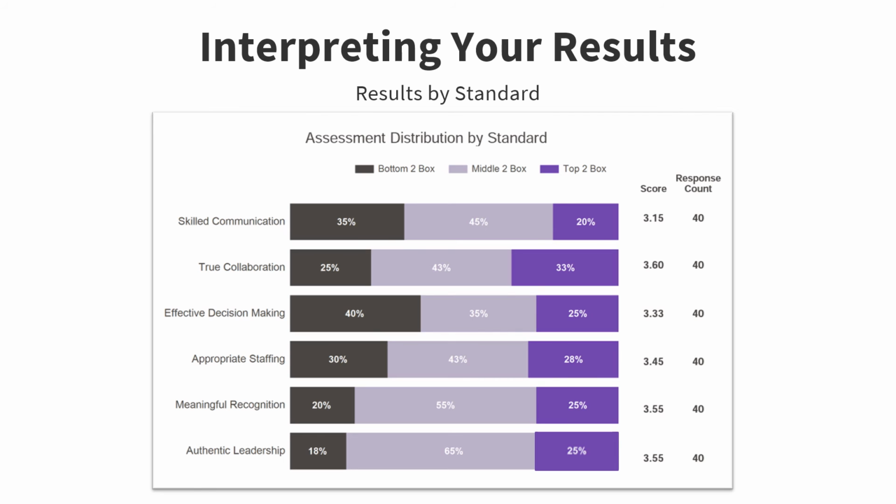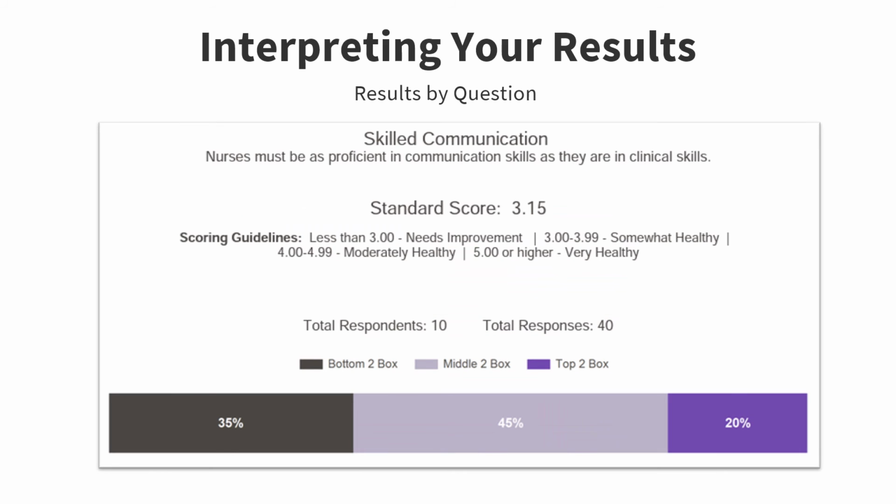From here, it's a really great idea to drill down further by reviewing the individual questions. So let's take a look at skilled communication because it does have the lowest aggregate score and it also has the lowest number of favorable responses as well. For skilled communication, and actually any of the standards that you're looking at, you're going to want to start your review by looking at the standard score.